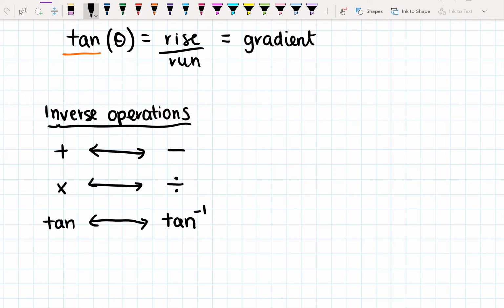That was just a little bit of a backtrack to inverse operations so that you understand what this weird tan with the -1 above it is. This literally means inverse tan. That's what I will call it through the videos, but that's really what it means. It's like the opposite of doing tan.